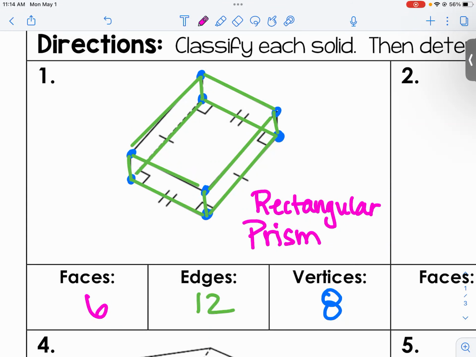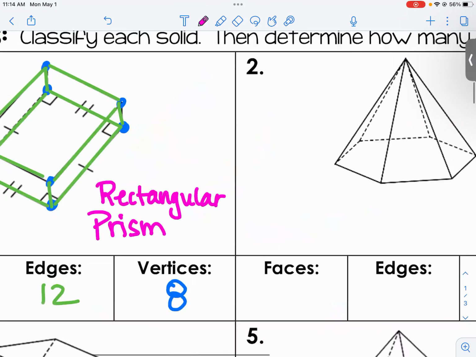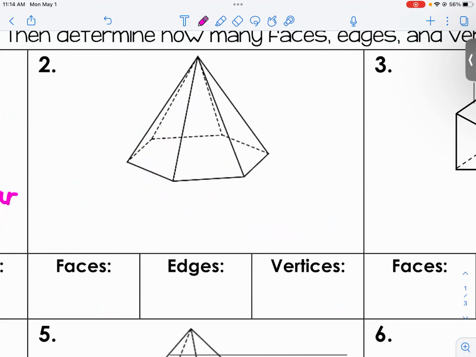So now, in number 2, give me 1 finger for prism, 2 fingers for pyramid. Is it a prism? Is it a pyramid? 1 for prism, 2 for pyramid. Brady, why is it a pyramid?